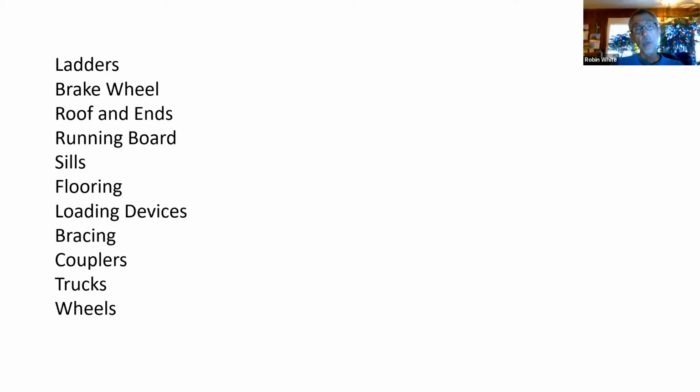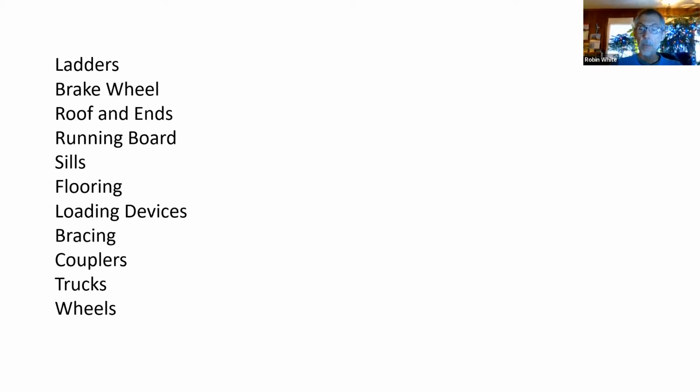How about running boards? In my era, many of them were being removed. Is it a straight sill on the bottom or is it notched or diagonal? Is the flooring wood or steel? Are there loading devices in the car for bracing? Is it outside braced or inside braced? Is it welded or riveted? What type of couplers does it have?